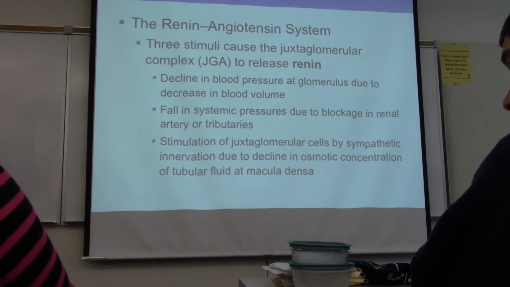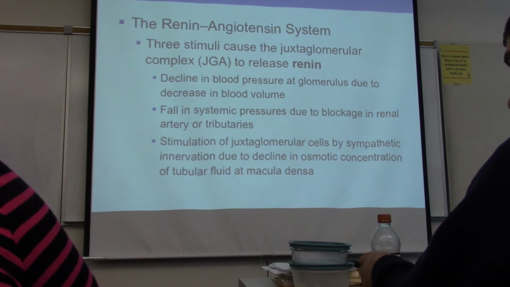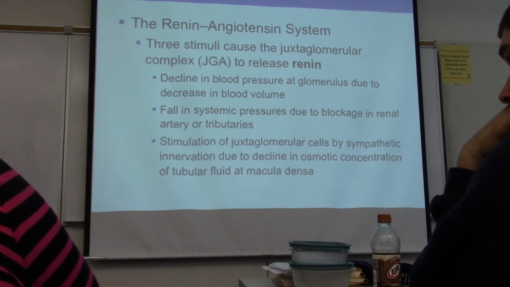And then the distal convoluted tubule actually is found right here, right next to the glomerulus. In fact, it runs right across through the crotch of the efferent arteriole going in and the afferent going in, efferent going out. Okay? I'll show you a picture in a minute.